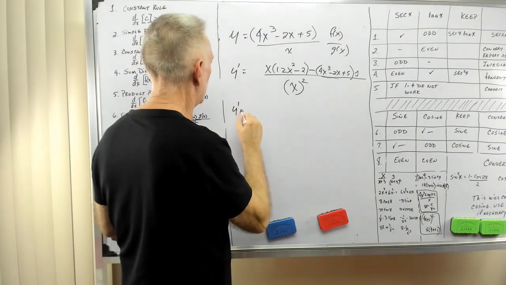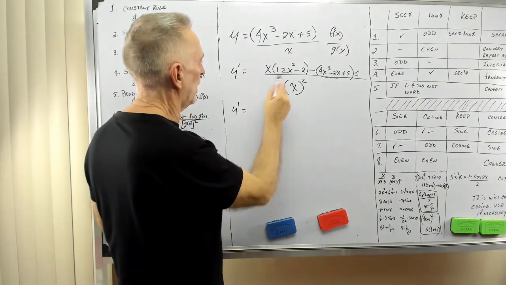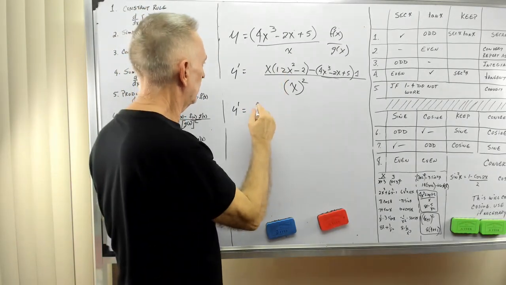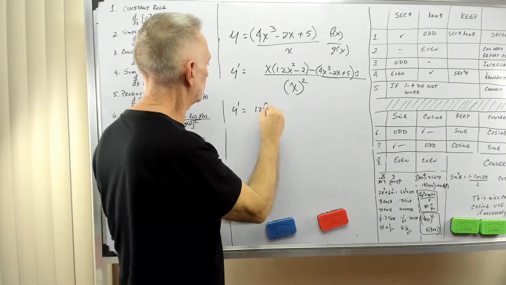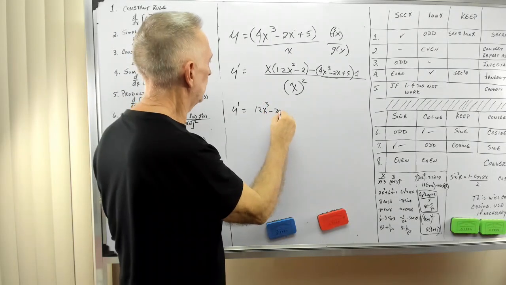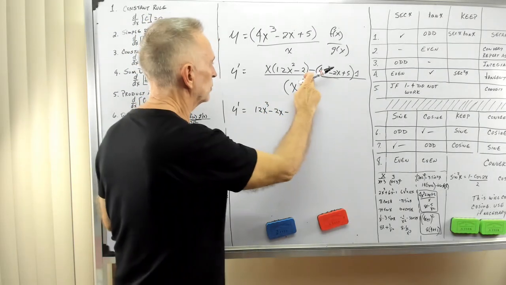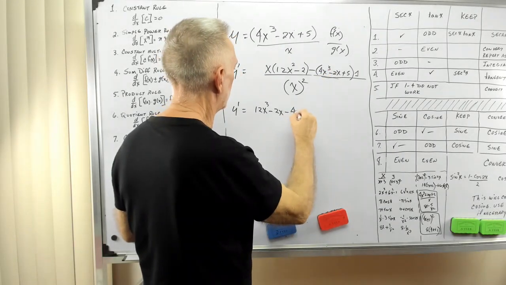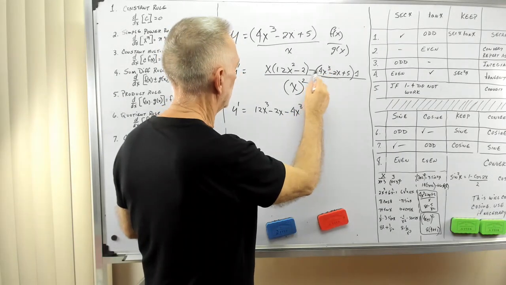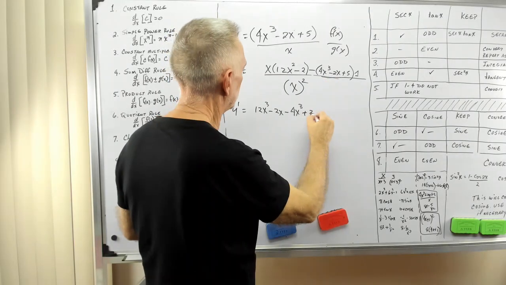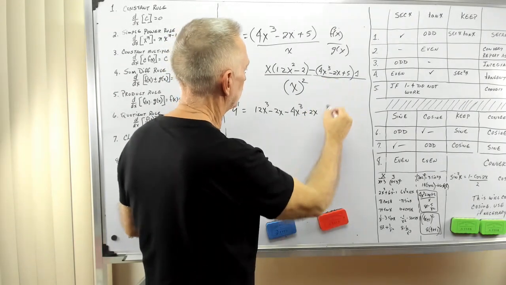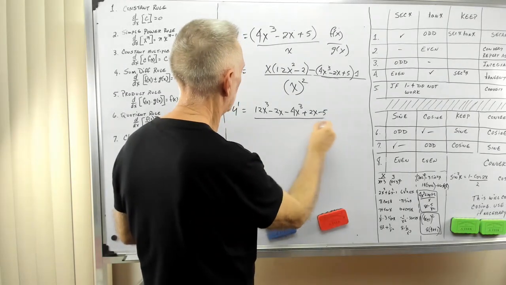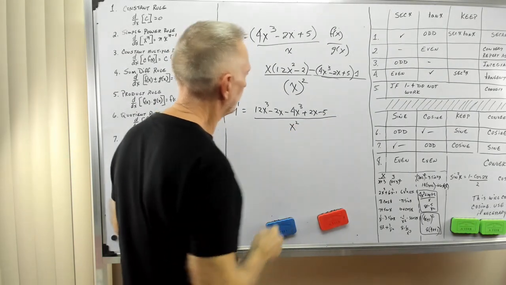So y prime equals, I'll distribute the x inside. So x times 12x squared gives me 12x cubed minus 2x minus, I'm going to distribute this negative to the inside, minus 4x cubed, negative negative is positive, plus 2x minus 5, okay, all over x squared.